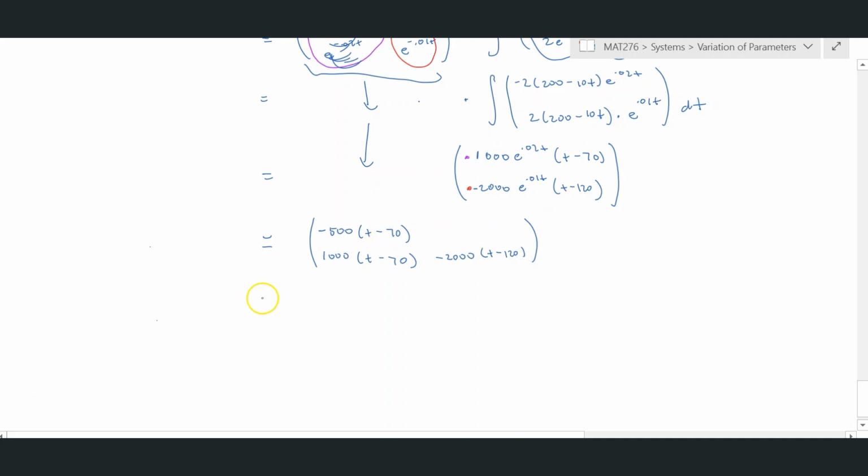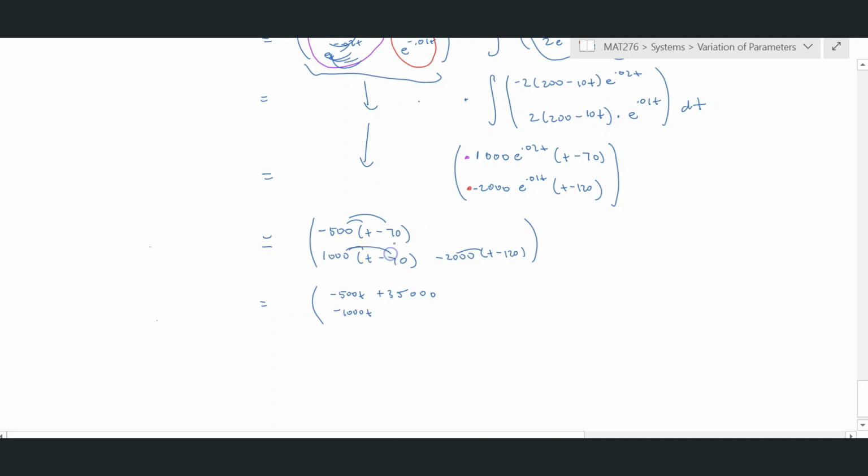And I think I'll just go ahead and distribute and combine like terms. So in the top, this will give me negative 500t plus 35,000. And in the bottom, we'll have 1000t minus 2000t when we distribute. It'll give us negative 1000t.